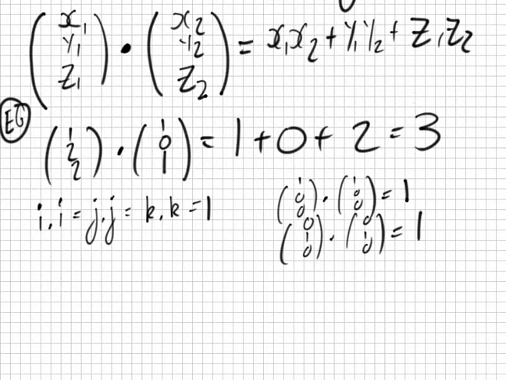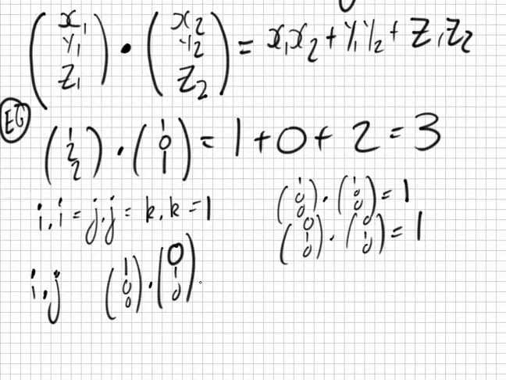But when you have them mixed, so if you only had an i dotted with only a j, that would be 1, 0, 0 dot 0, 1, 0. What would that equal? 0. So when you have two basis vectors which differ, their dot will be 0. And if they're the same, their dot will be 1.